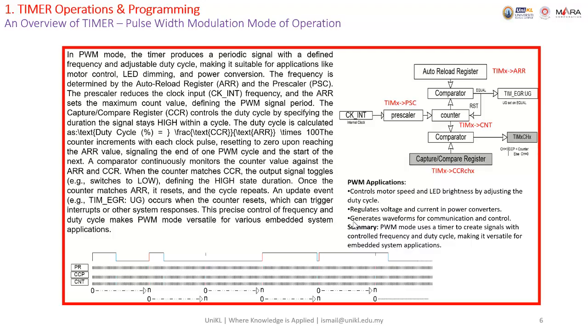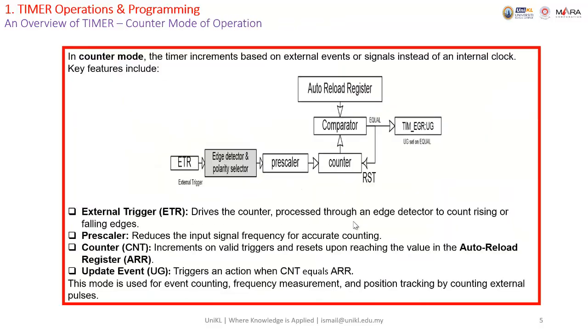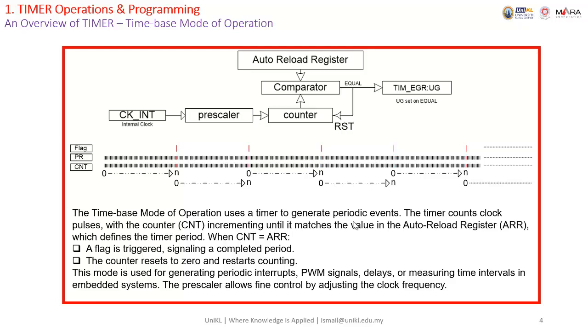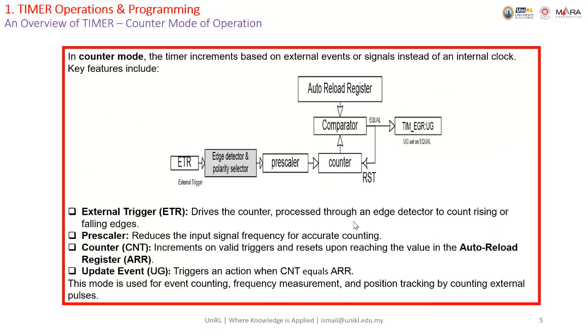Another one that we have is the pulse width modulation modes. If you see here, we use the auto reload register and counter for both previous modes, time base and counter mode.